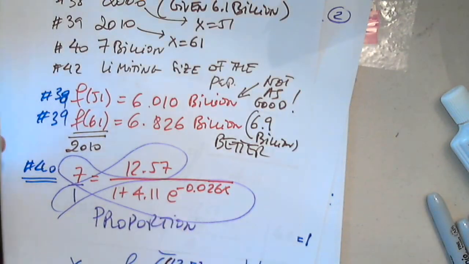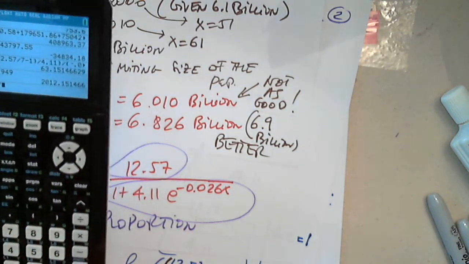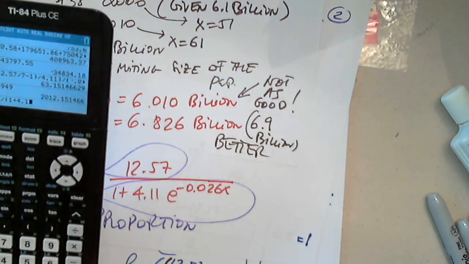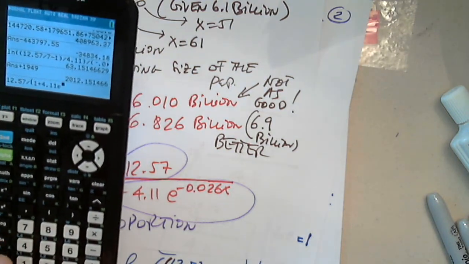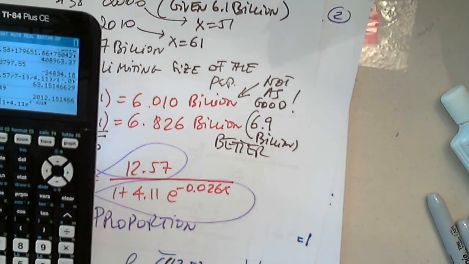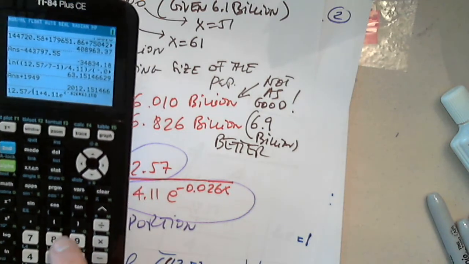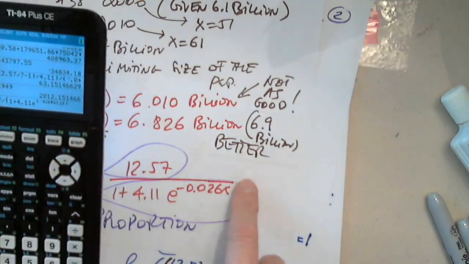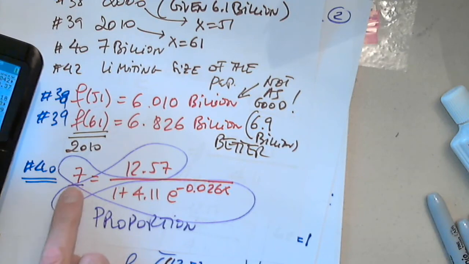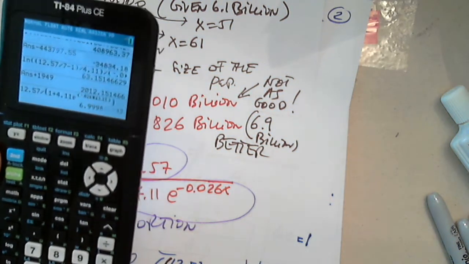So yeah, I will not get exactly 7 billion. Okay, so 1 plus 4.11, and then E, and in parentheses, negative 0.026 times 63.15, close the parenthesis for the denominator, and when I hit enter, I should get very, very close to 7. I will not get exactly 7, but I know that.